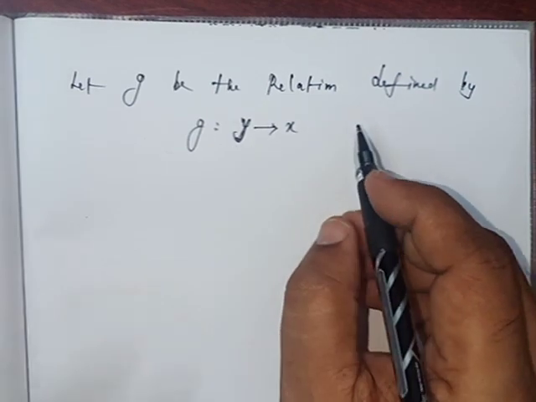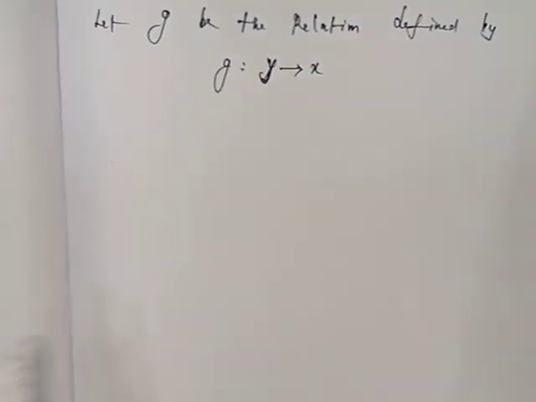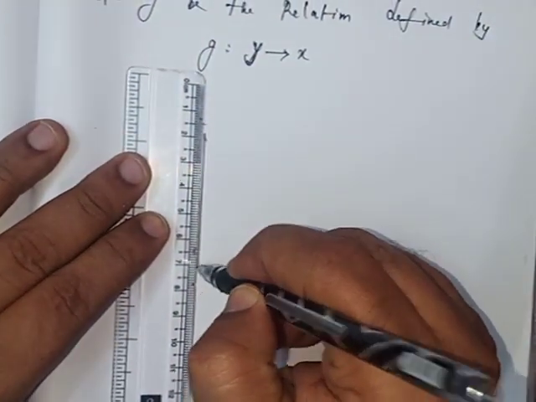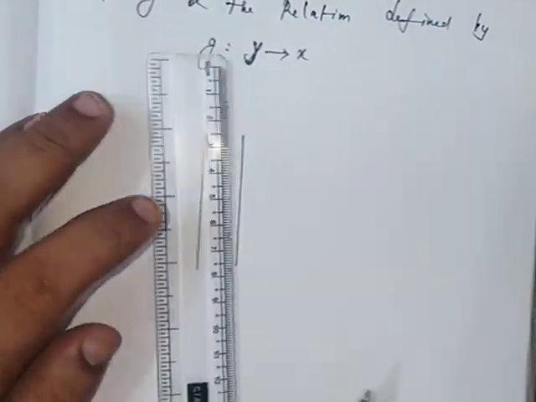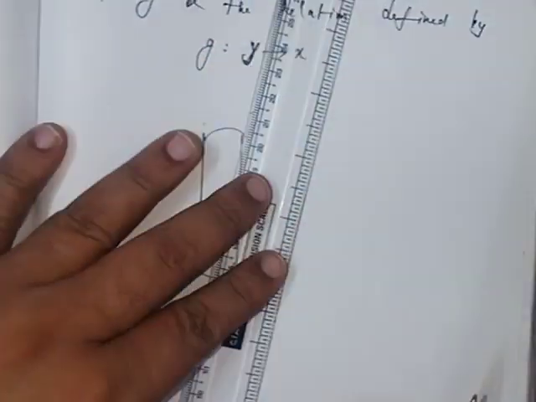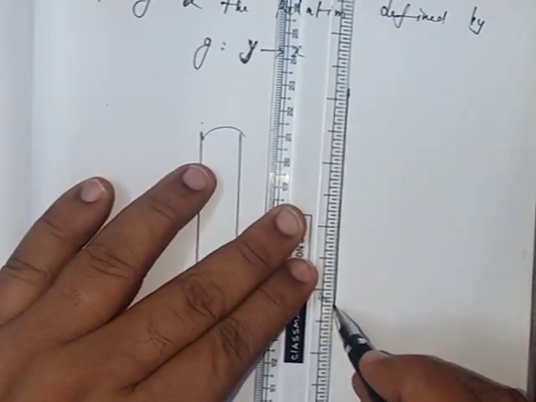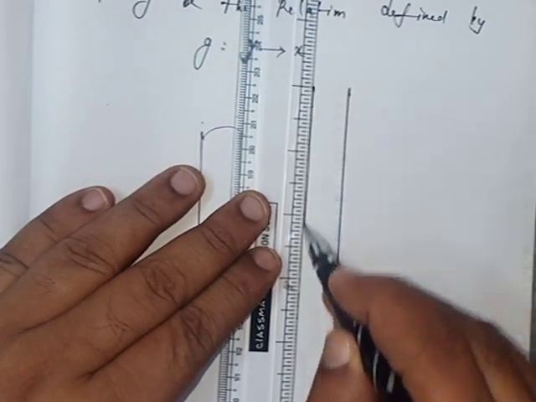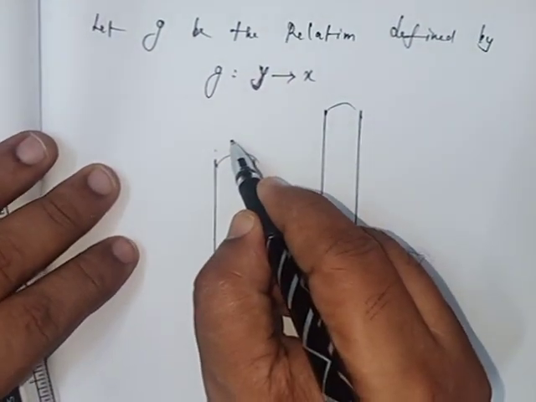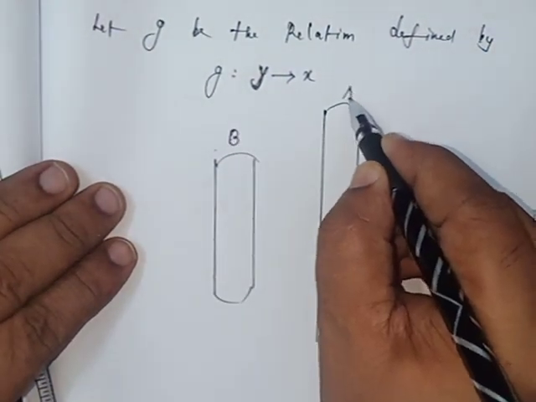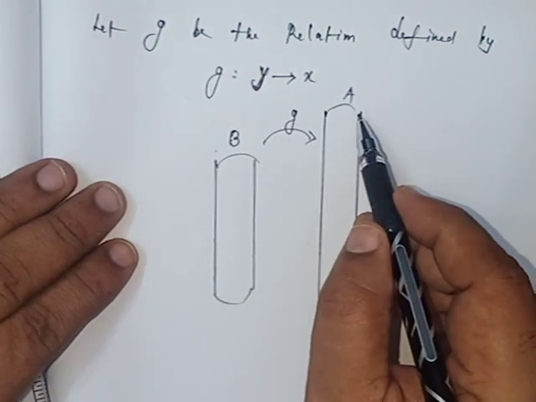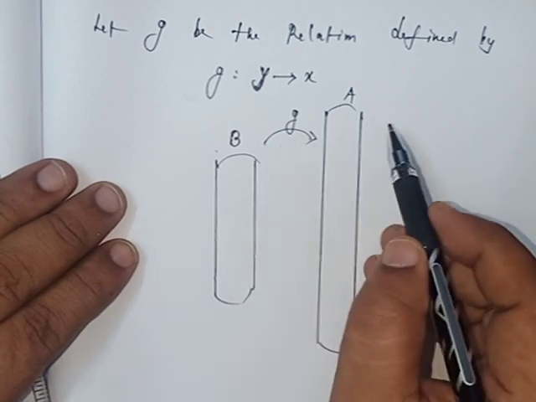Section and student. Here B, this one is A, G from B to A. We have to verify whether the relation G is a function or not.